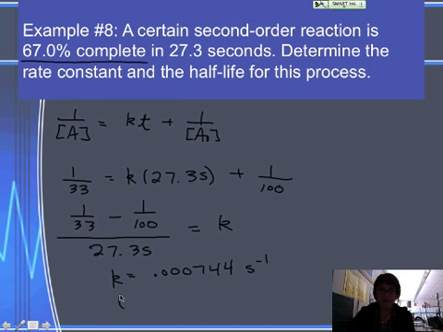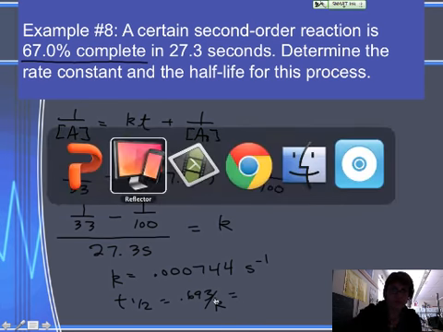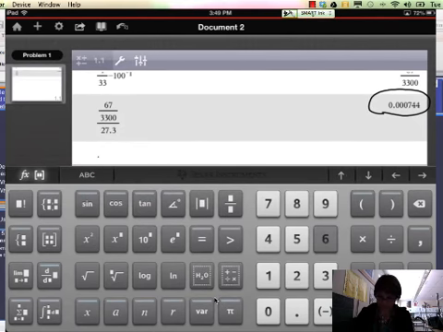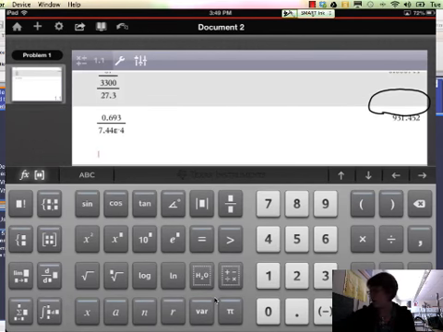And then the half-life is going to be 0.693 over K. So I take 0.693 divided by my answer. And I get 931.452. How many sig figs?